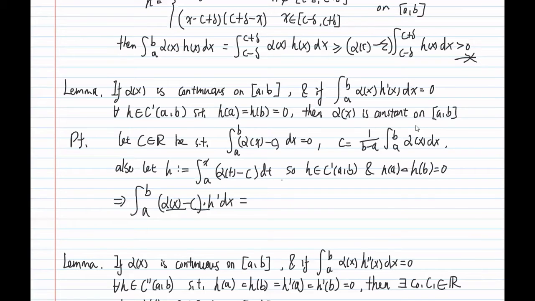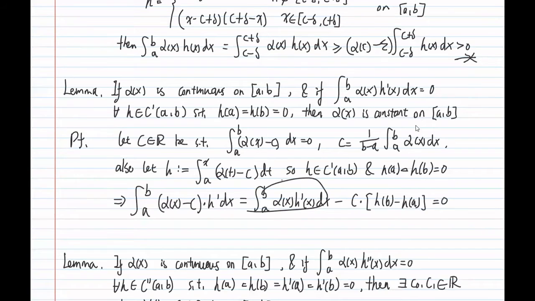We can take these apart, and this equals the integration from a to b of alpha x times h prime x dx, minus c times the integration of h prime, which is basically h(b) minus h(a). This is 0 by the condition on the endpoints, so the whole thing is 0.